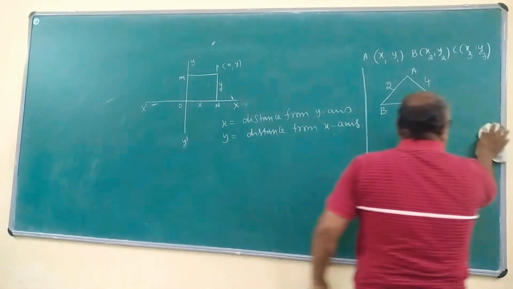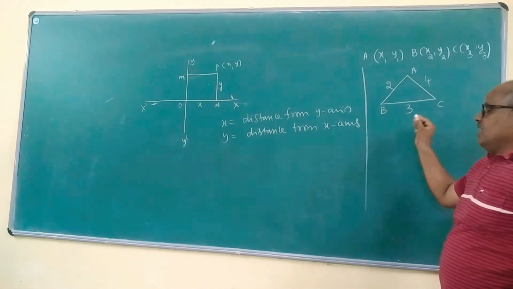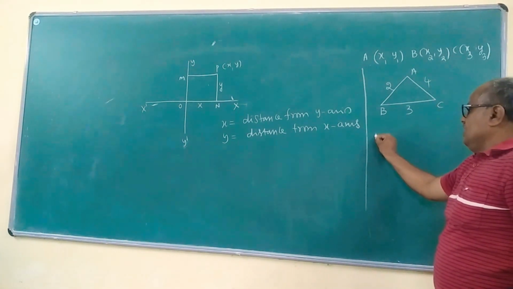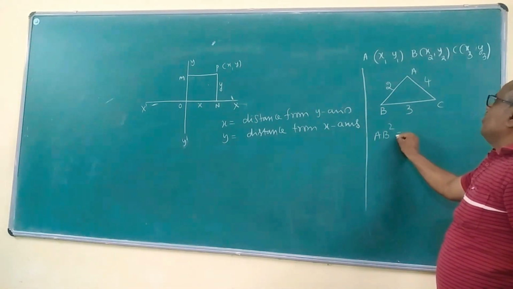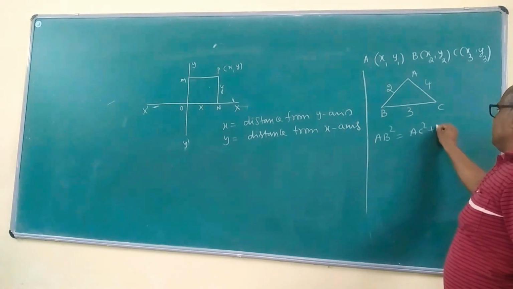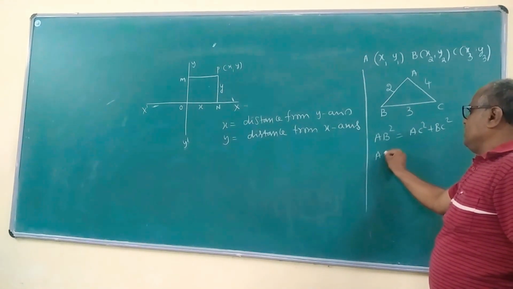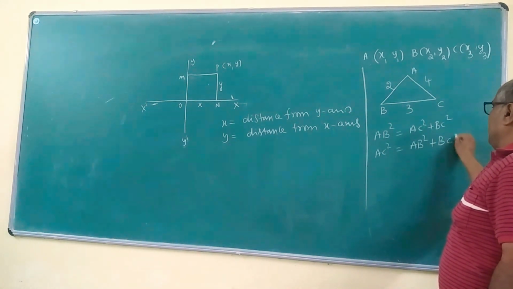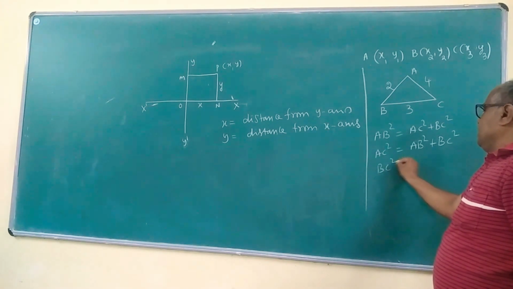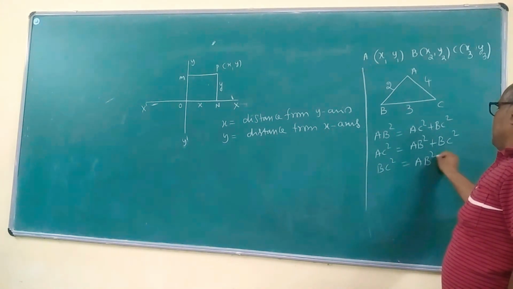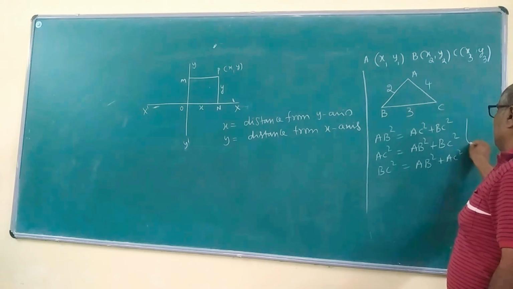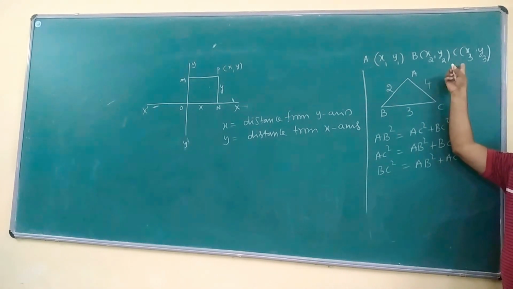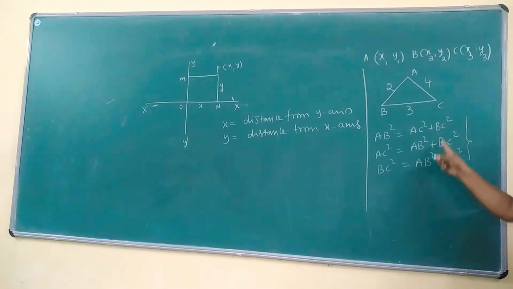Suppose the given points form a right angle triangle, then either AB square is equal to AC square plus BC square, or AC square is equal to AB square plus BC square, or BC square is equal to AB square plus AC square. If any one of them holds, the given points are the vertices of a right angle triangle.